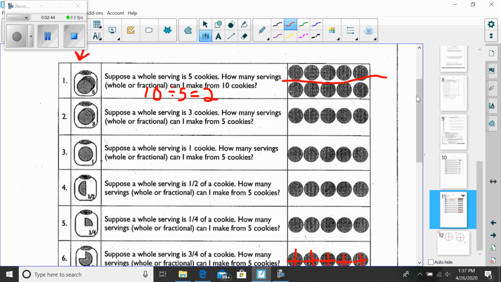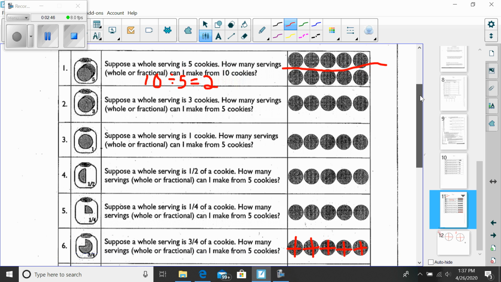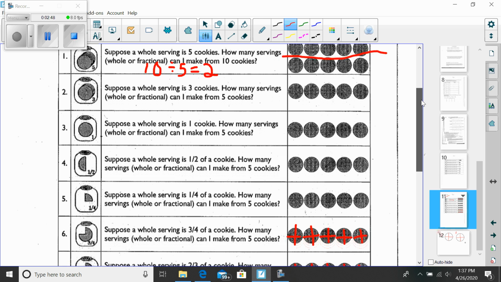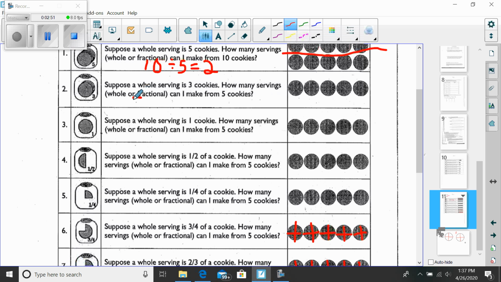Now a serving is 3 cookies, and we start with 5. So we have to do 5 divided by 3. We're using the measurement subtractive approach here, right? I measure off 3 cookies, so there's a serving. And then I have to say, what do I have left?